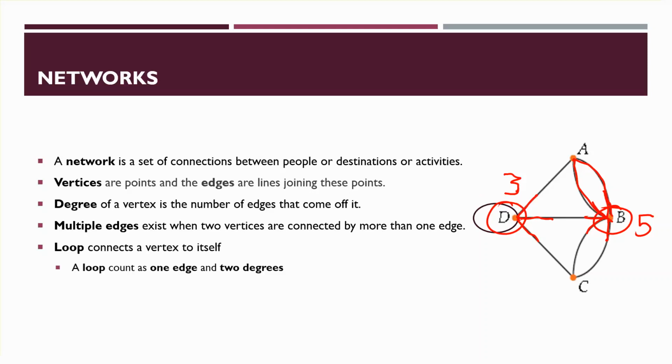One thing to know with a loop is that it counts as one edge, so there's one line, but it actually counts as 2 degrees because there are 2 connections. So if we take into account D now, there was 3, but now there's 2 more degrees. So now the degree would be 5 for D.